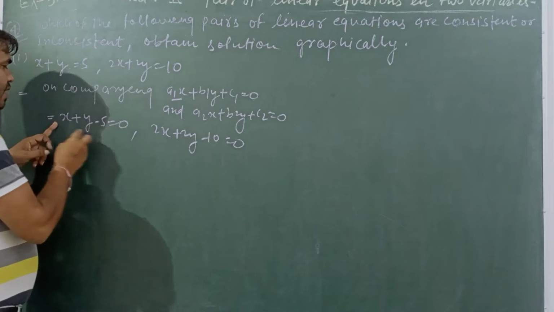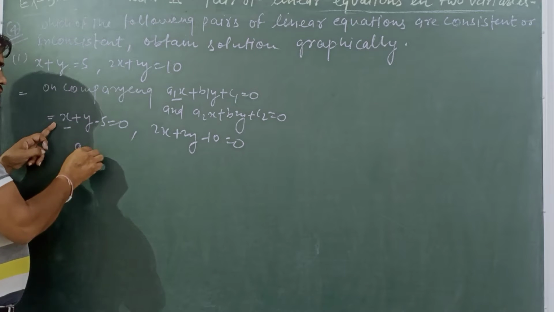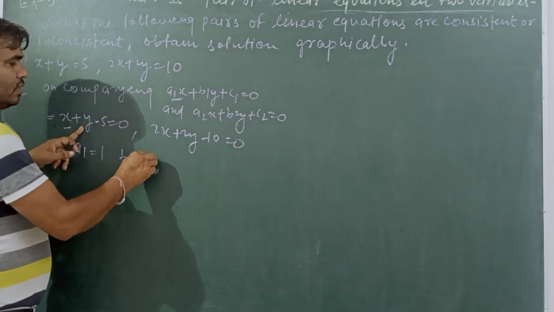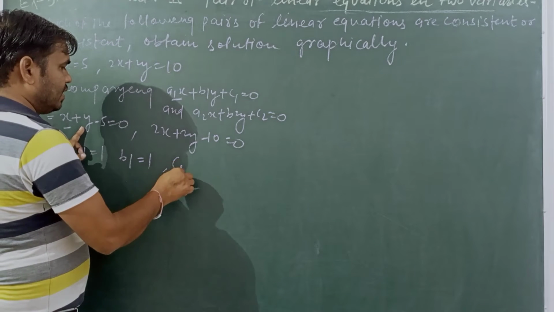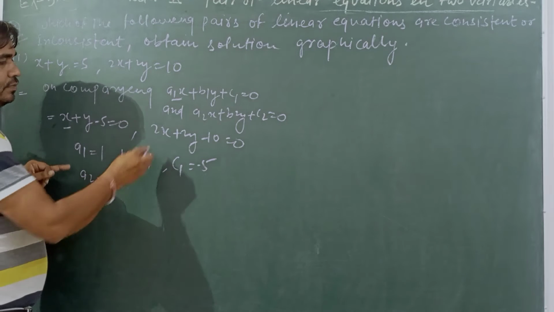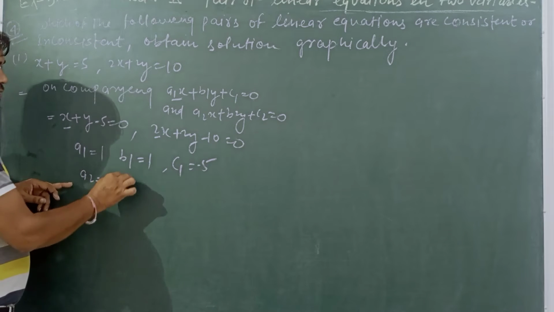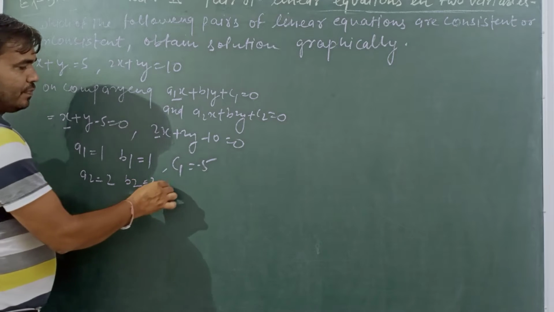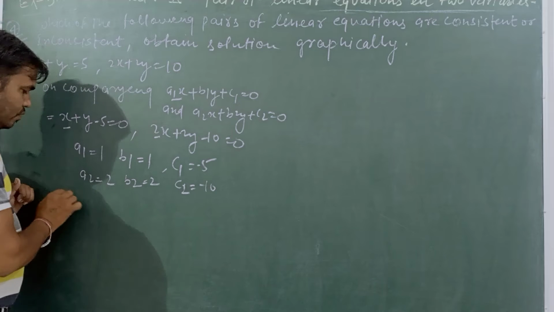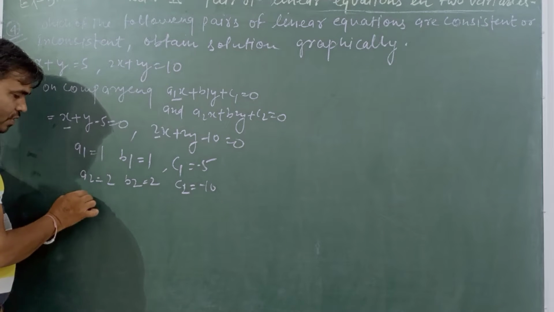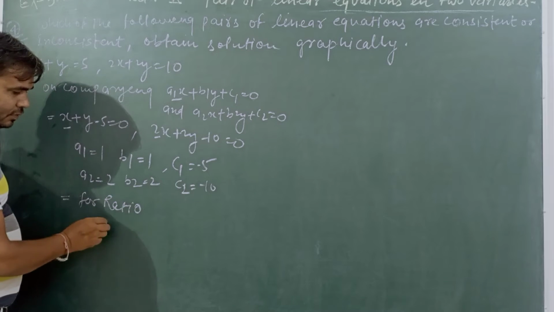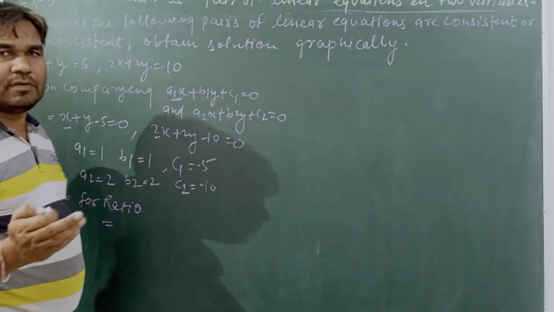Here you see a1 equal to 1, b1 equal to 1, c1 equal to minus 5, and a2 equal to 2, b2 equal to 2, and c2 equal to minus 10. For the ratios, we find out the conditions one by one.